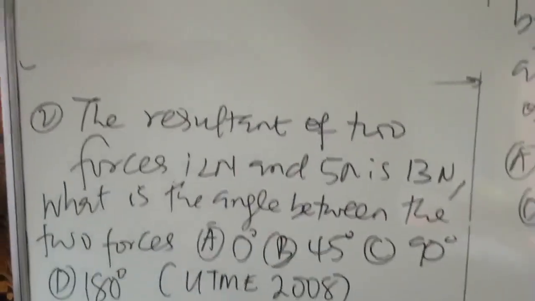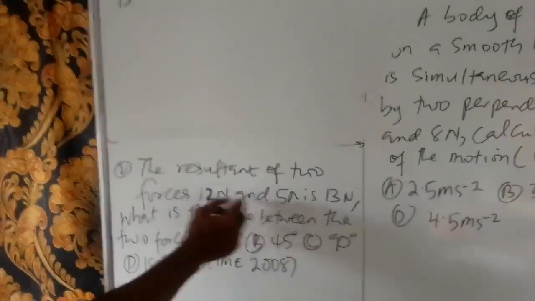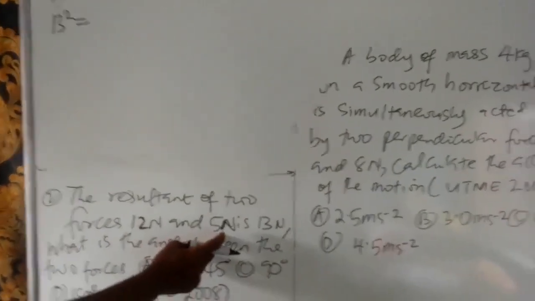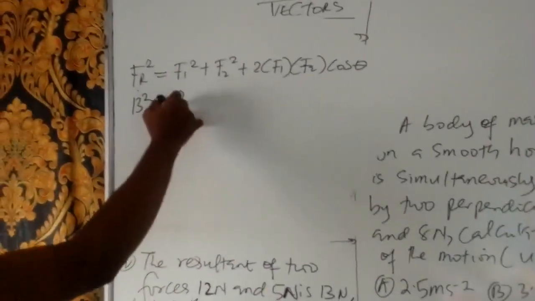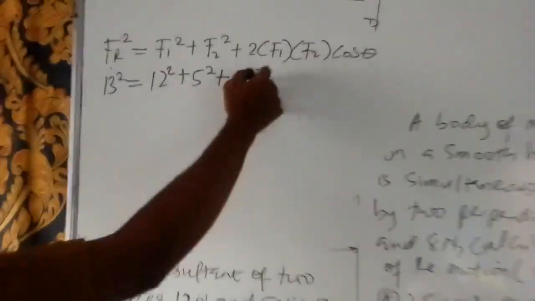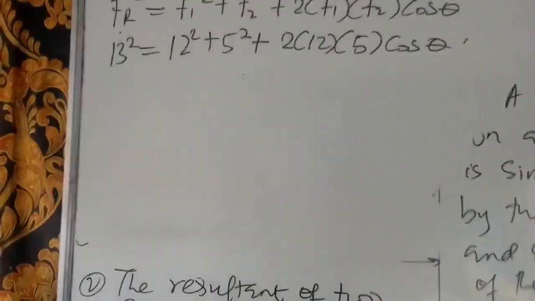We replace this: 13 squared equals, taking F1 as 12 and F2 as 5, 12 squared plus 5 squared plus 2 times 12 times 5 cos theta, where theta is the angle between the forces, which we are looking for.